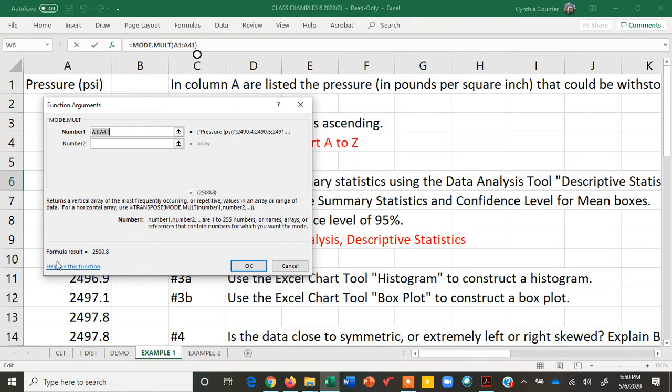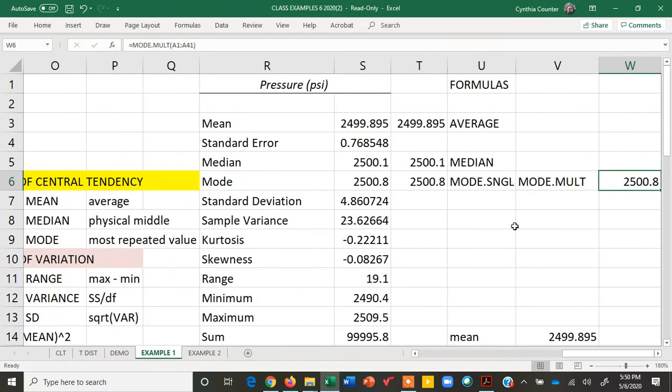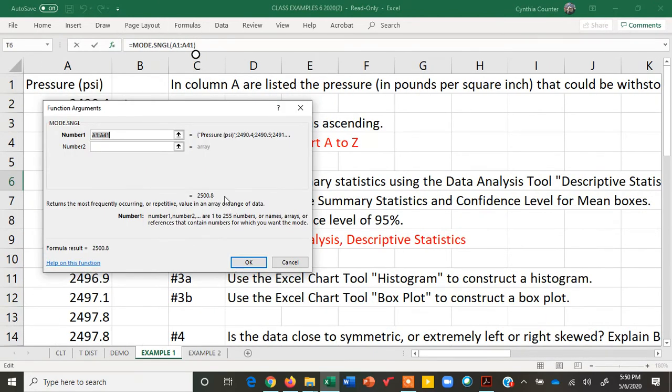But notice down here it says formula result, and it just gives us one value. Now, let me cancel this and go back to mode single, highlight that, hit that little FX, and notice its output has no curly brackets. There's one mode, it's not a set.